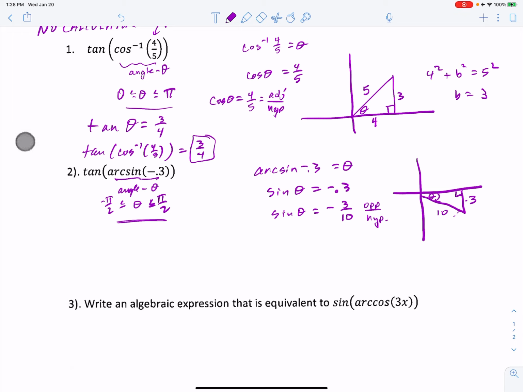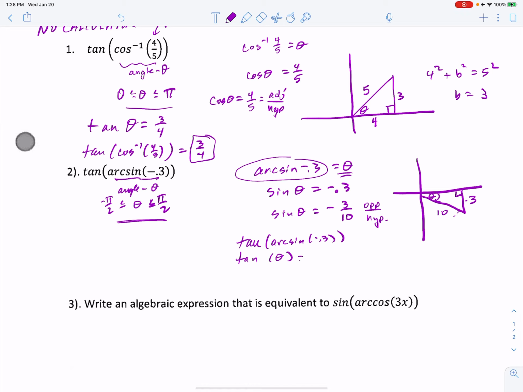So what I'm thinking of, this is theta, so the tangent of arc sine of negative 0.3, I can substitute theta in for that arc sine. I'm letting theta be that angle.